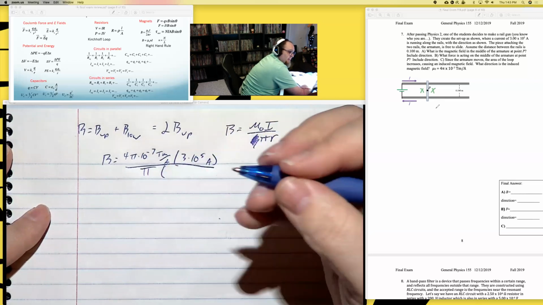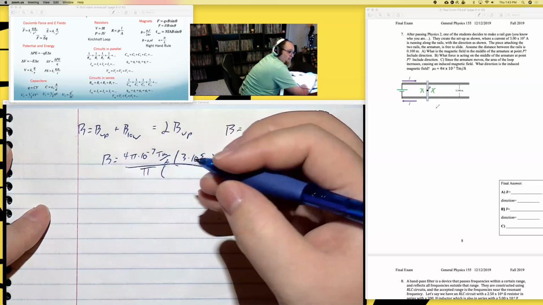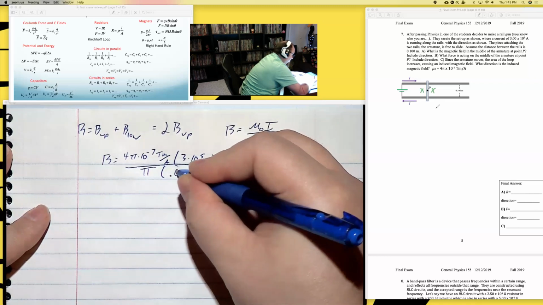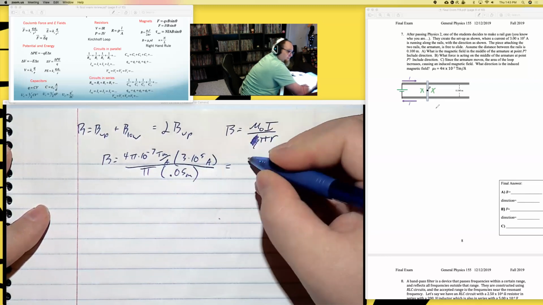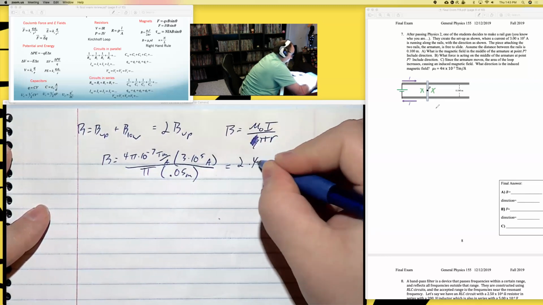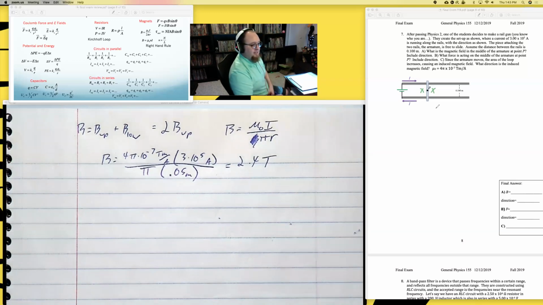Well, r is the distance to that point. They're 0.1 meter away from each other, so it is 0.05 meters because it's in the middle. And it's 2.4 Teslas into the page.